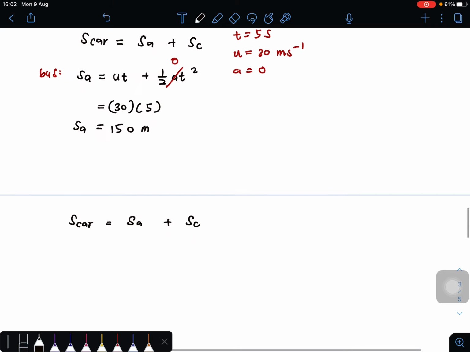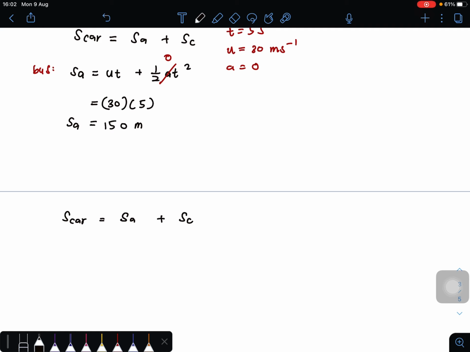And we take out the equation for displacement, ut plus half at square. So this one is for the car. SA we have the value. And then SC is ut plus half at square. This is for the bus.